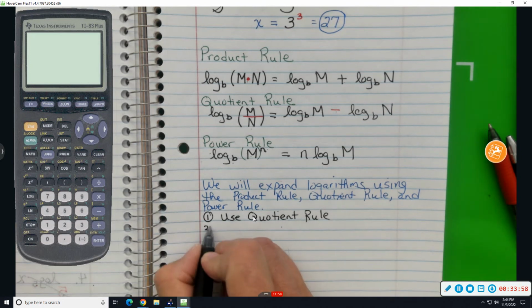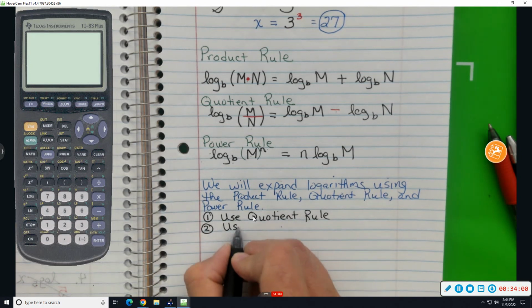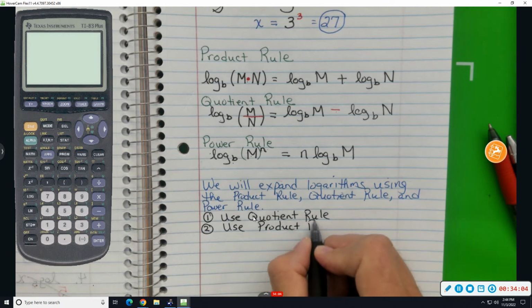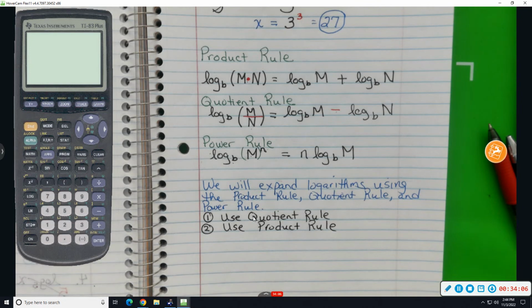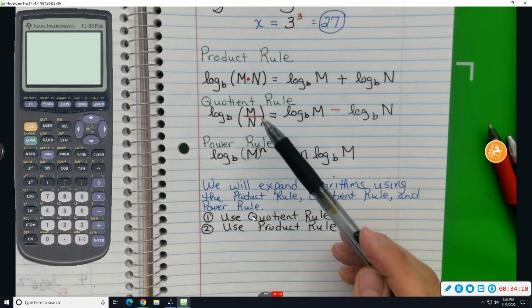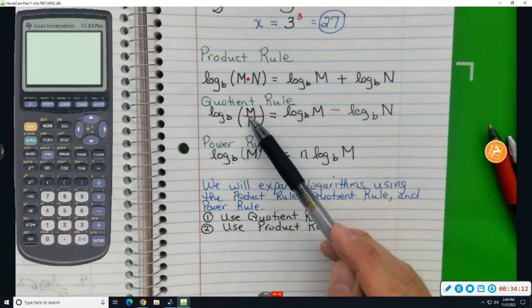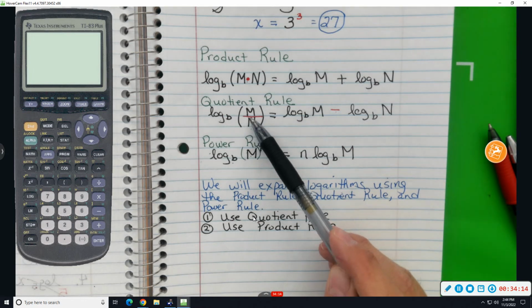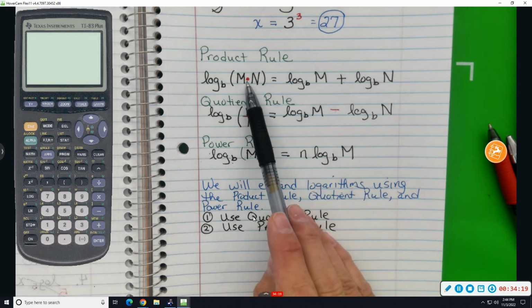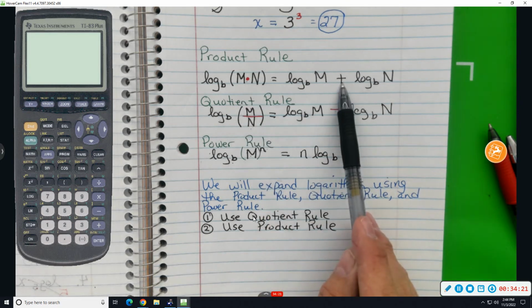The second step, I'm going to use the product rule. So the first thing I'm going to do is rewrite the logarithm so that I have no fraction. I'll rewrite the fraction as subtraction. I'm then going to rewrite multiplication as addition.